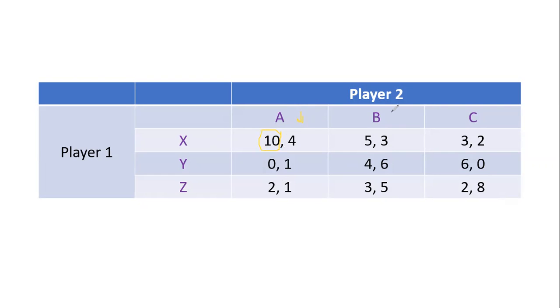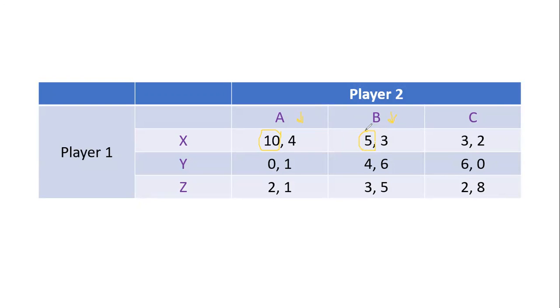If player 2 plays B, again player 1 should play X because the outcome is highest. Now let's see for strategy C of player 2.